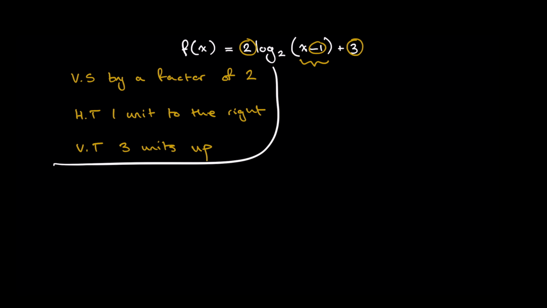Now moving on to graphing this function, let's first start by creating a table of values, where we'll have x on one side and y on the other. And we are going to be plugging in x values, which are perfect powers of 2 plus 1.